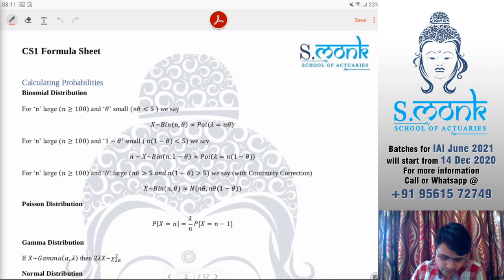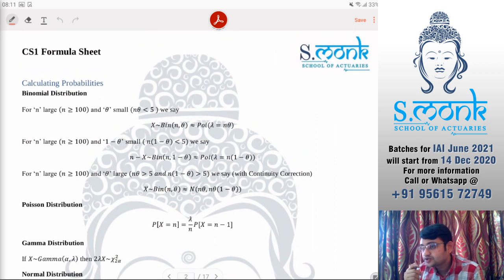Now, for finding probability, especially if you have a binomial distribution and you have a large value, we use binomial approximation. We have three kinds of values that we need to take into account whenever we are talking about approximation to the binomial distribution.